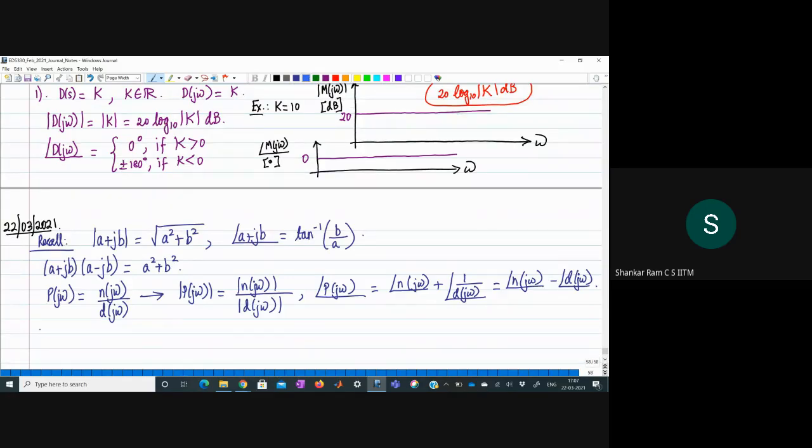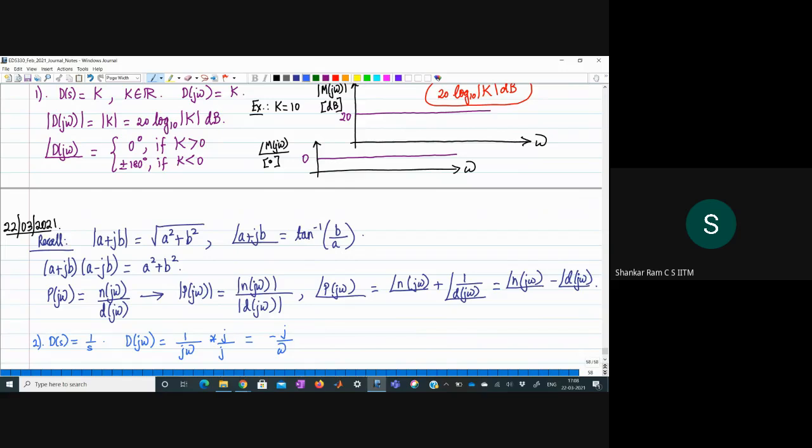The second factor that we shall consider is of the form 1 by s. It's an integrator. So immediately we can rewrite this as D of j omega is 1 by j omega, and if we multiply and divide by the complex index j, we will get minus j by omega, because j squared is minus 1.